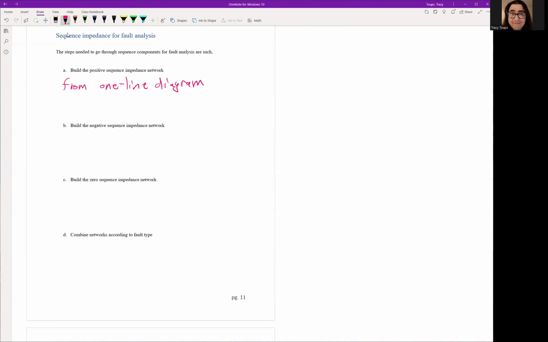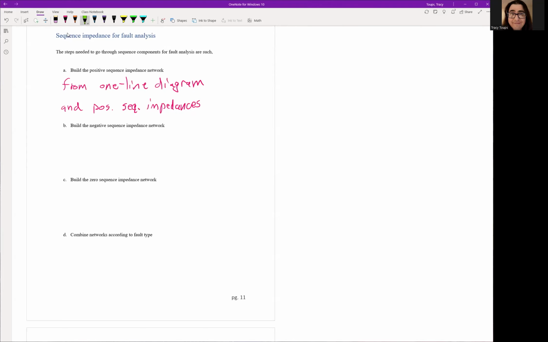So one-line diagram and all your positive sequence impedances. A lot of times your equipment and the manufacturer will give you impedance in different sequence components.